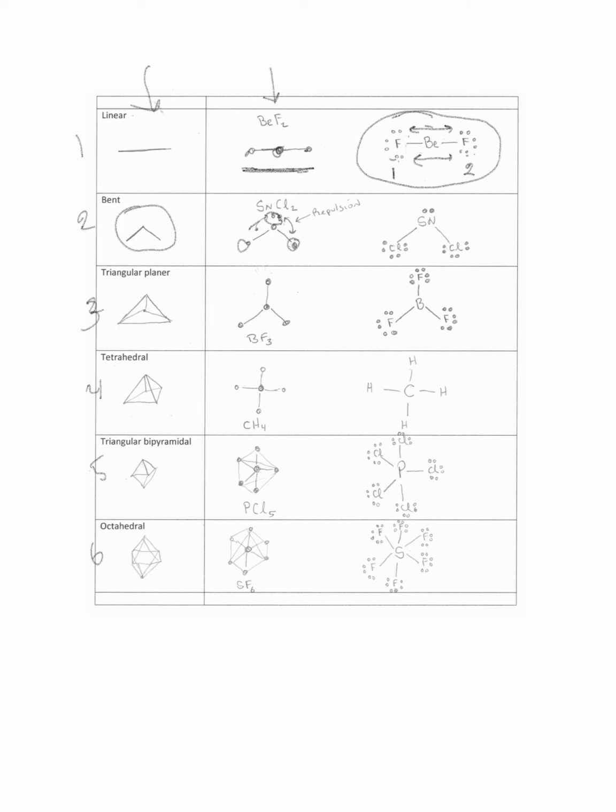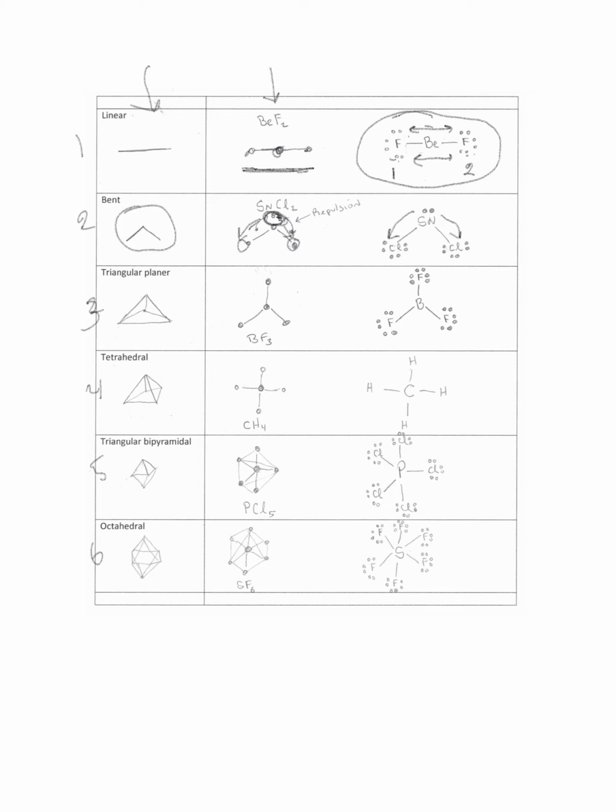As a result, they push the electrons of the chlorine atoms, and that causes a bent shape. You can see it here: these two valence electrons of the tin are repelling the 6 valence electrons of the chlorine atoms.